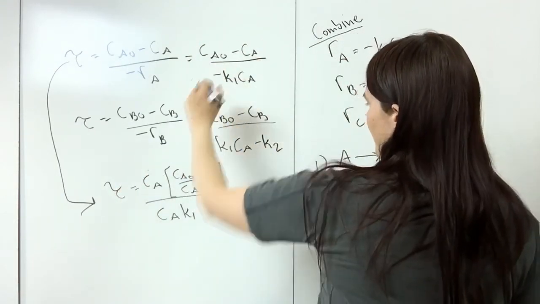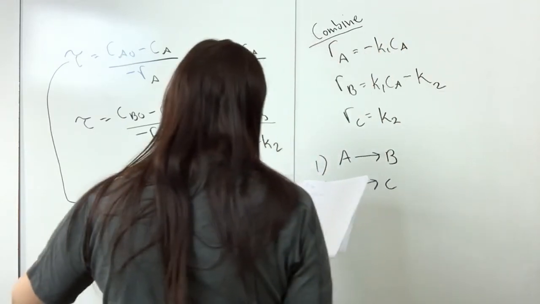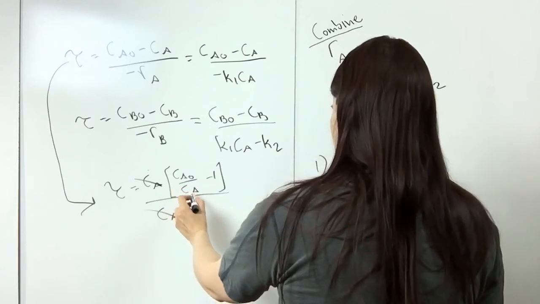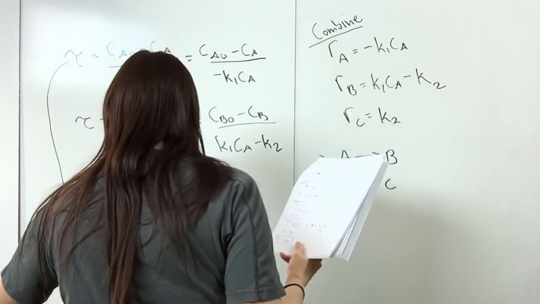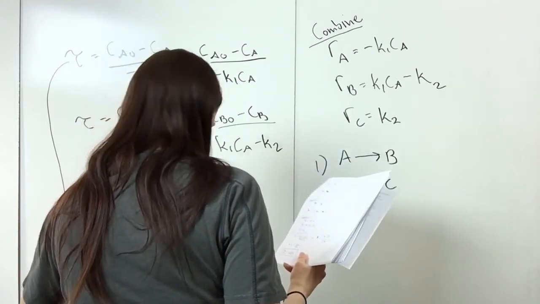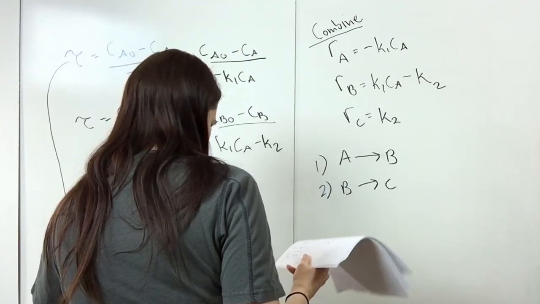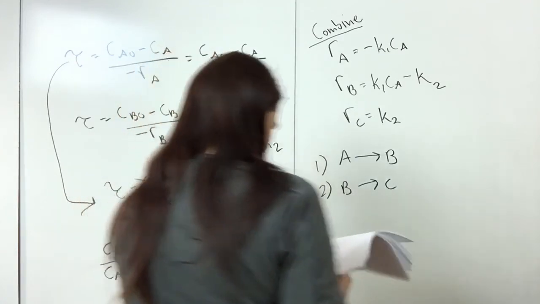I just pulled the Ca out, and then that cancels. If I solve this for Ca over Ca naught, I get that Ca over Ca naught is equal to 1 over 1 plus K1 tau.